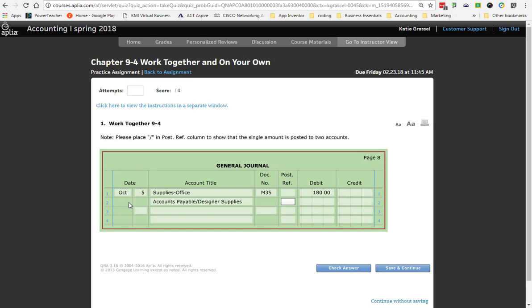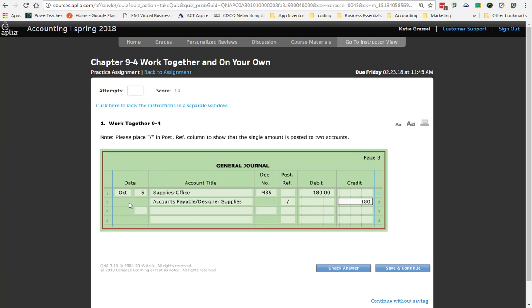Not in this chapter, but coming up soon. Yes, very soon. We'll be posting. I need to post it to accounts payable, and I have to post it to designer supplies. So what I have to do in my post reference column is put a slash in there to indicate I need to post to 2 different accounts. So make sure that you put a slash in there, and then do 180 as a credit. If you forget to put this slash in there, it marks the whole line wrong. Don't do that. That'll be tough.